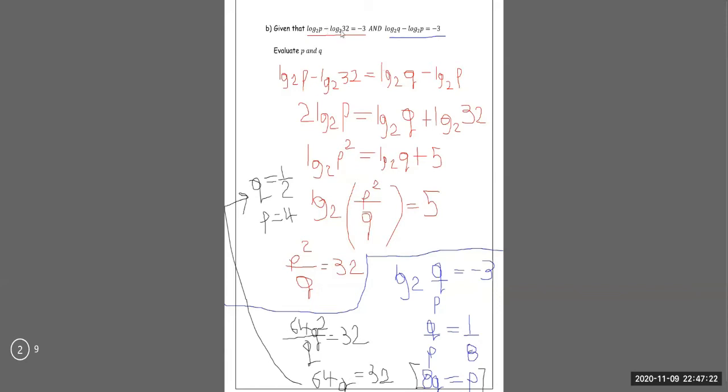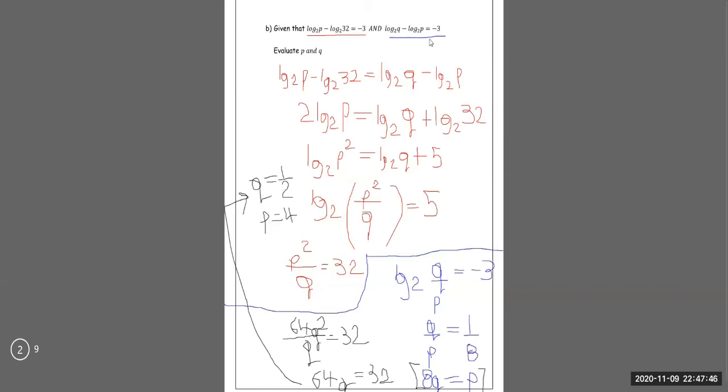So bring over this minus 5 over here to get 2. And then we have log to base 2 of p equals 4, and you can put it back into the first equation, in the second equation, and solve. Nice.